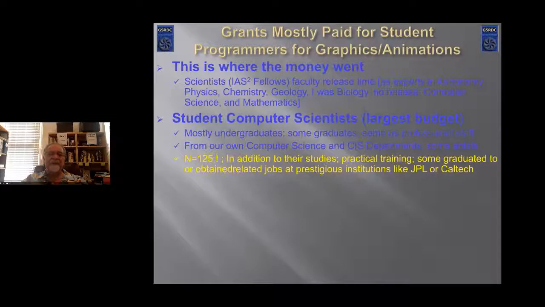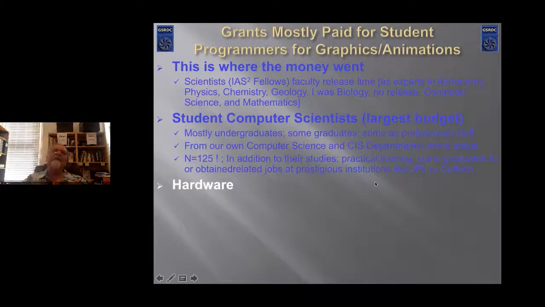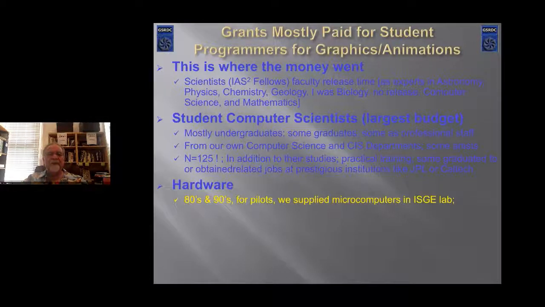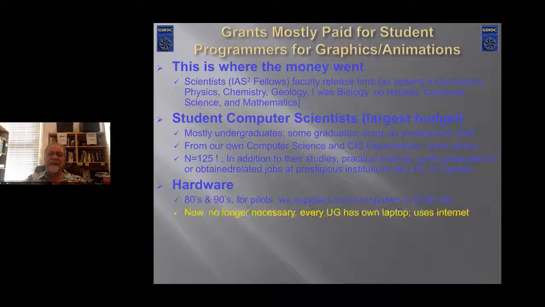And some graduated to related jobs at prestigious institutions like Jet Propulsion Labs or Caltech. So they were doing this kind of like an internship together with supporting their college education while they were taking courses. The hardware was a problem, but a lot of that $2 million went to buying the computers. So we had microcomputers in an ISGE lab, a dedicated ISGE lab, before they threw me out of it. Now that's no longer necessary.